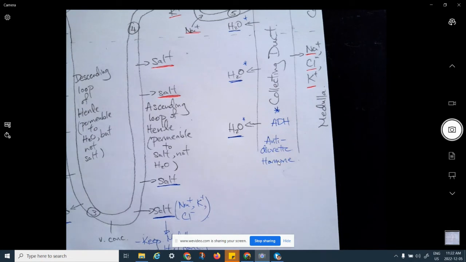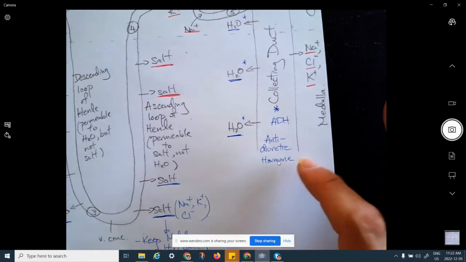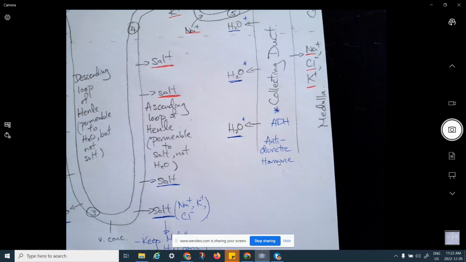Also, if you remember from the video, if you have consumed ethanol, ethanol will interrupt the antidiuretic hormone. In this case, you will just keep losing water, which in some ways is one way your body gets rid of that ethanol.